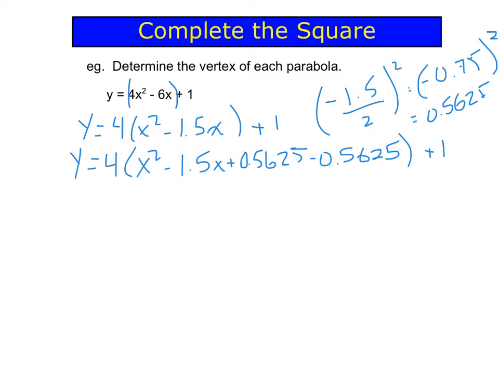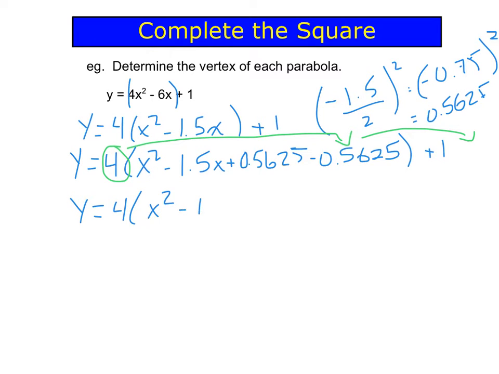Now we have to multiply by 4 to get our negative value out of the bracket. Which equals negative 2.25.